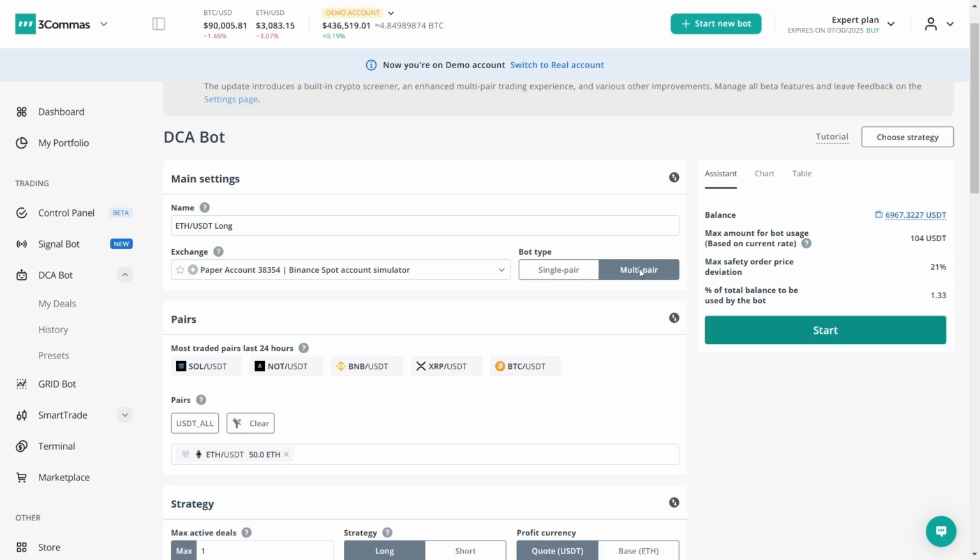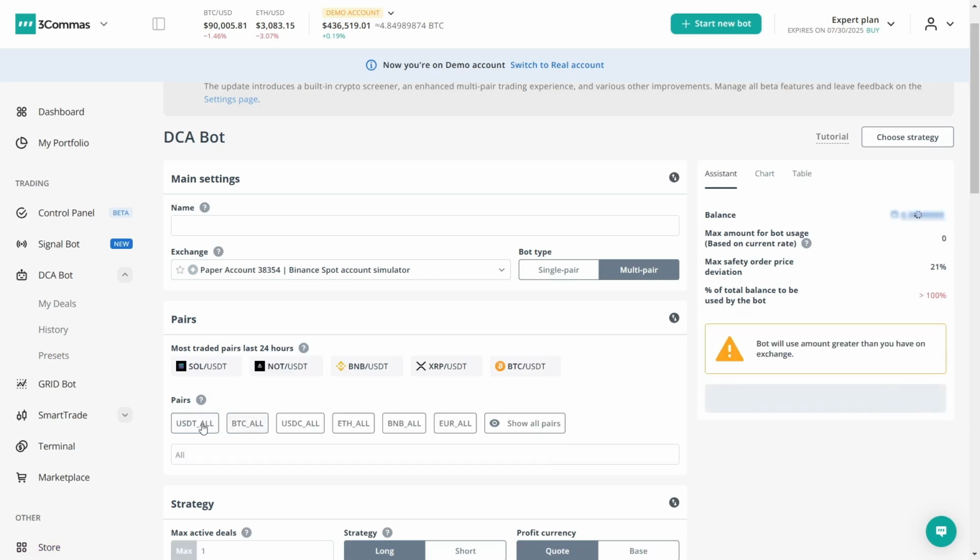Okay, and once I choose multi-pair here, I can choose the pairs I want. Or I can choose based on the most traded pairs, or choose from these presets here. So I choose clear, and then I can choose which pairs I want to use.